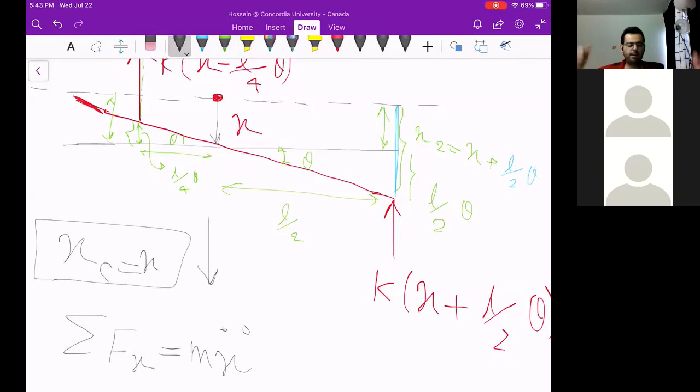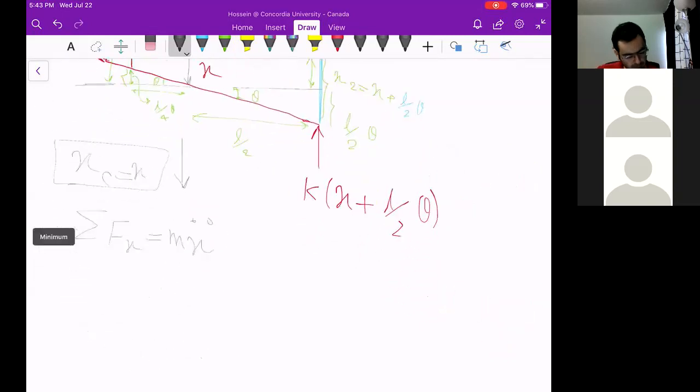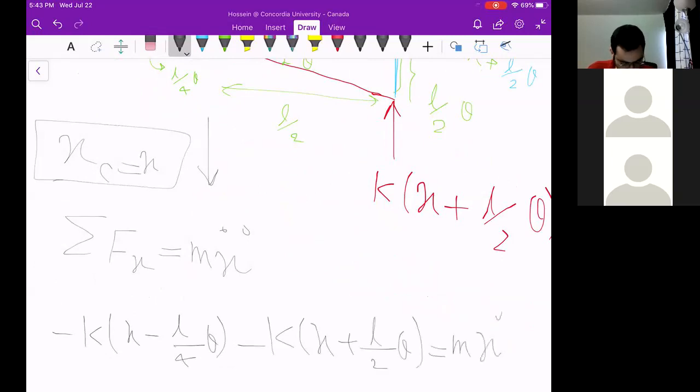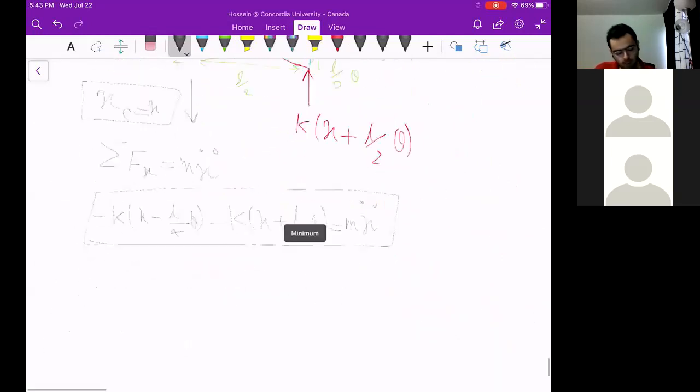We always displace the system in the positive direction, which we assume for the sake of simplicity. So I have two opposing forces: minus K times x minus L over 4 theta, minus K times x plus L over 2 theta, equals m x double dot. This is my first equation of motion.